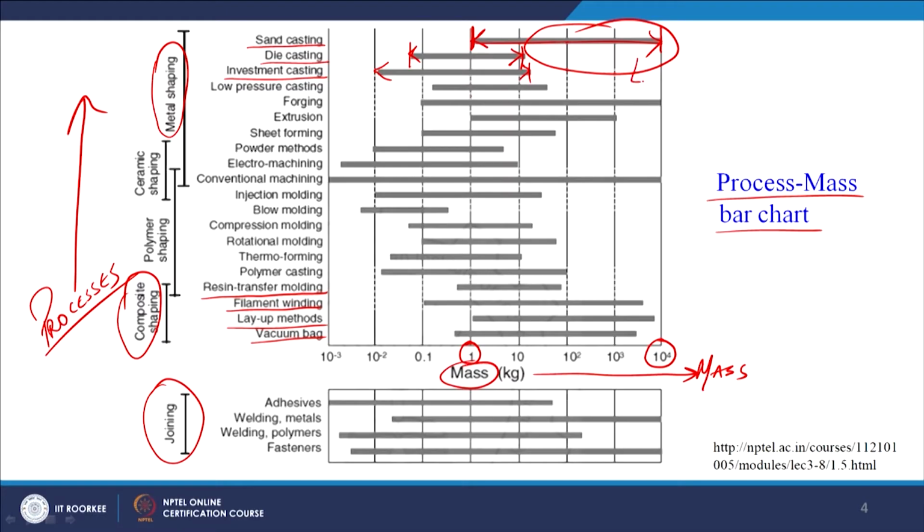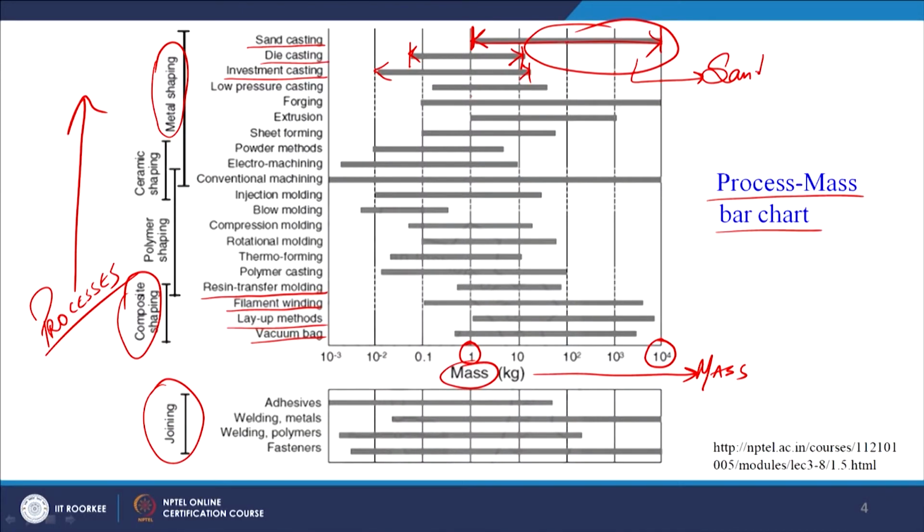So for this range, if we have to make a very heavy part or a component or a product, only sand casting is advisable. These types of charts give us a clear indication of which process must be chosen for which type of product. So if it is a very bulky product, a very heavy product, and obviously it has to be made in metal, then sand casting is the choice.